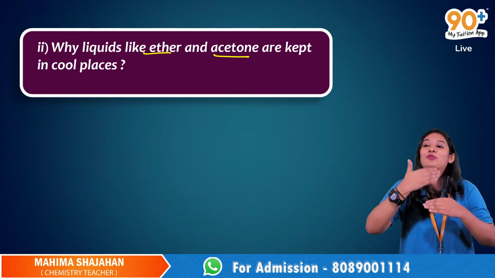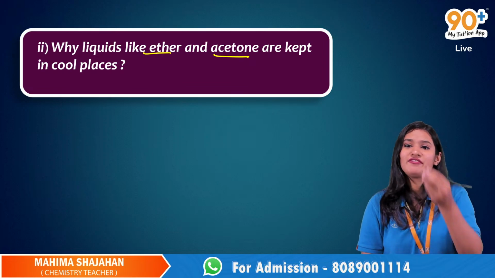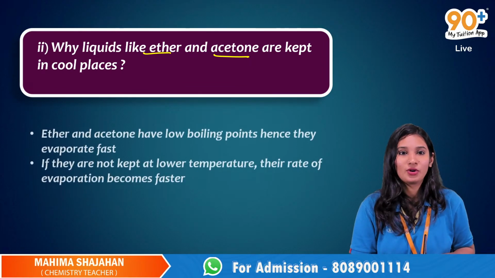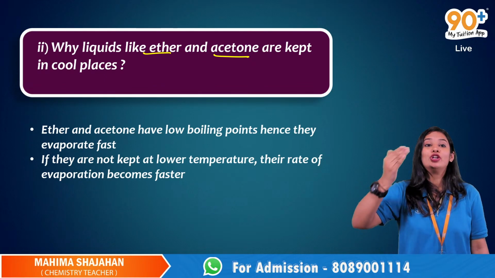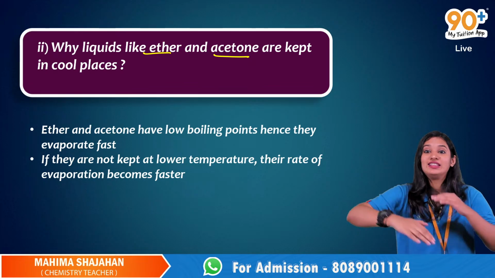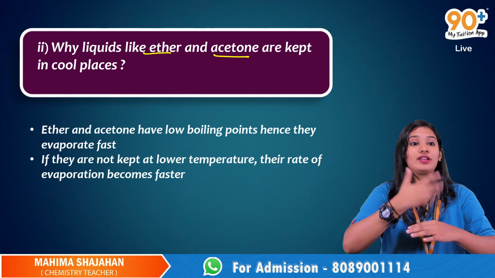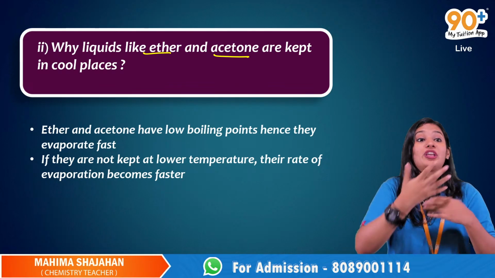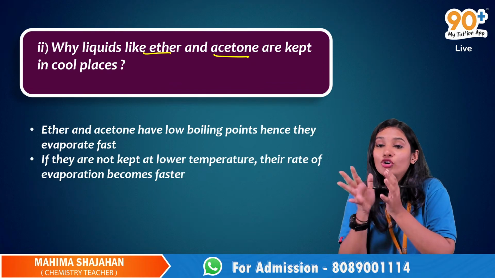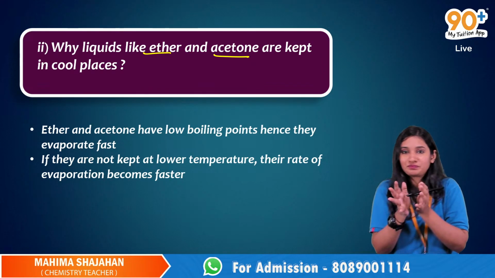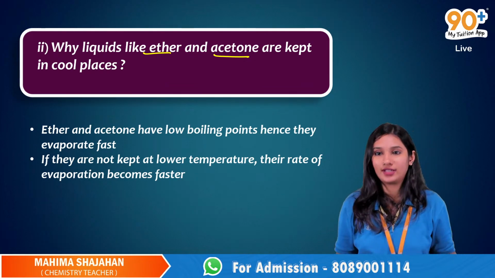Because they evaporate easily. Ether and acetone have a very low boiling point. We saw in the paragraph, if the boiling point is low they will evaporate fast. So even at room temperature they will evaporate very fast. So where should we store them? We should store them in a cool place. If we don't store them in a cool place they will evaporate faster.